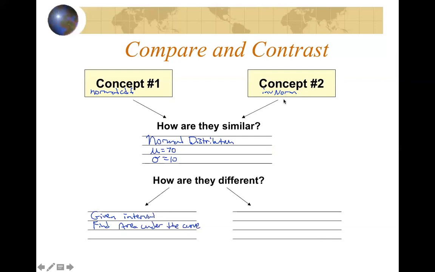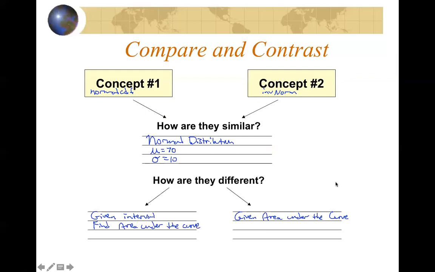So what's the deal with inverse norm? Well, why don't you just switch these around? Because here, you're given the area under the curve. Now, when you're given an area under the curve, if you've read the chapter, and I'm sure you have by now, maybe not, it's either in the left tail, or the entire area is in the right tail, or it's centered in the middle.